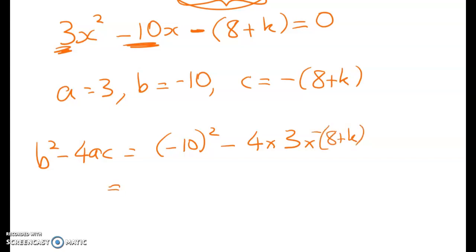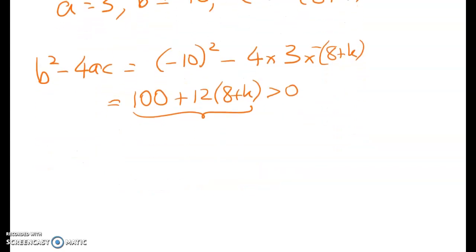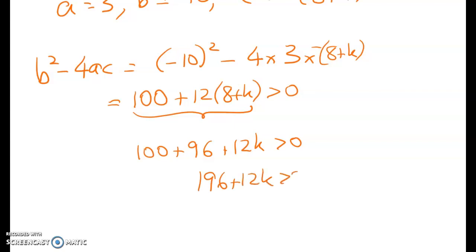There we go. Now expanding that, 100 plus 12 times (8 + k), and that must be strictly positive. This is my discriminant. We've still got to clean it up. So we get 100 plus 96 plus 12k is strictly positive, so 196 plus 12k is strictly positive.